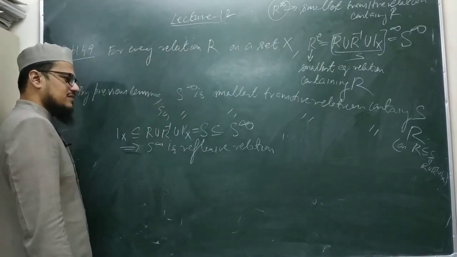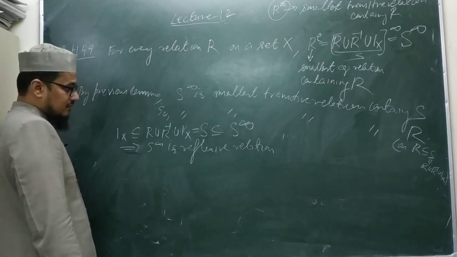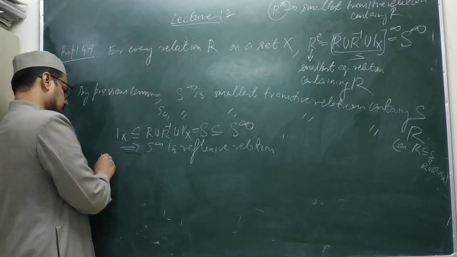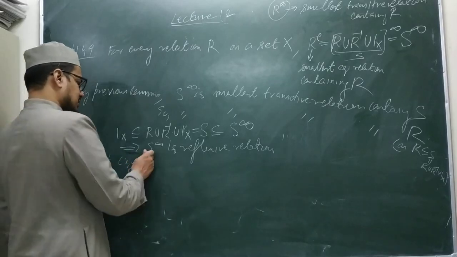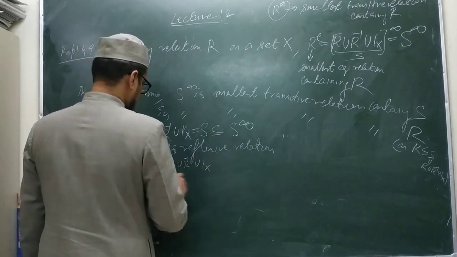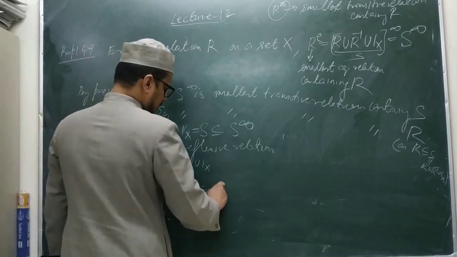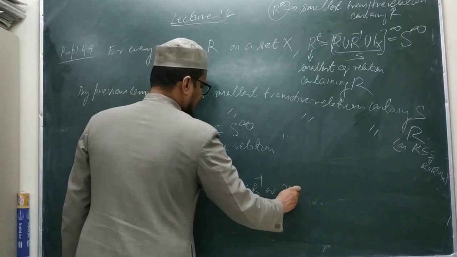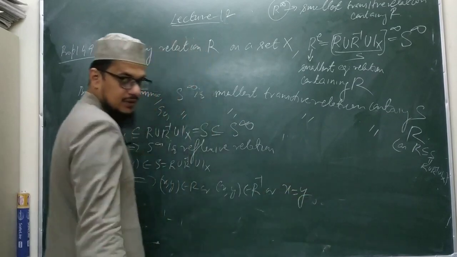Now we show that S infinity is symmetric. So before proving S infinity is symmetric, first we show that S is symmetric. Let x comma y belong to S, that is R union R inverse union 1x. It implies that x comma y belongs to R, or x comma y belongs to R converse, or x comma y belongs to 1x, meaning x is equal to y. Correct?